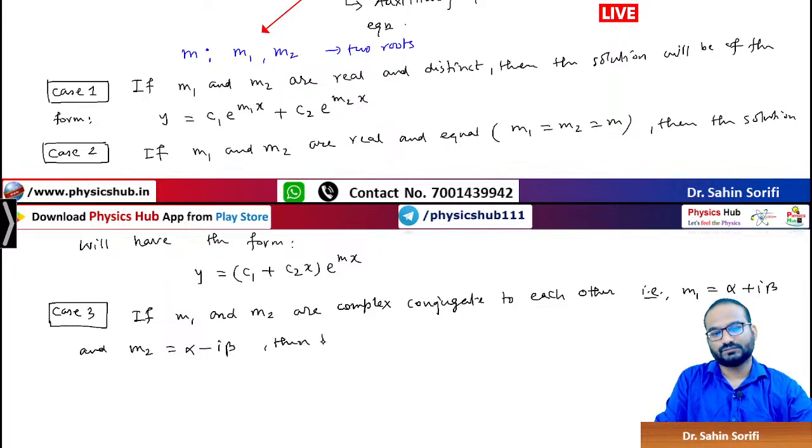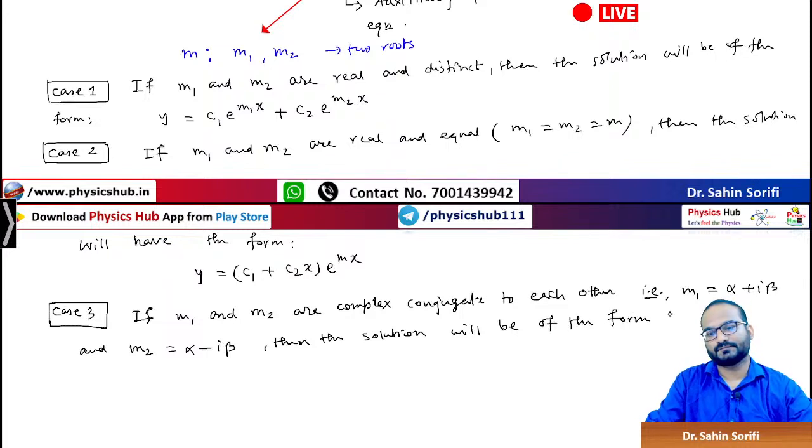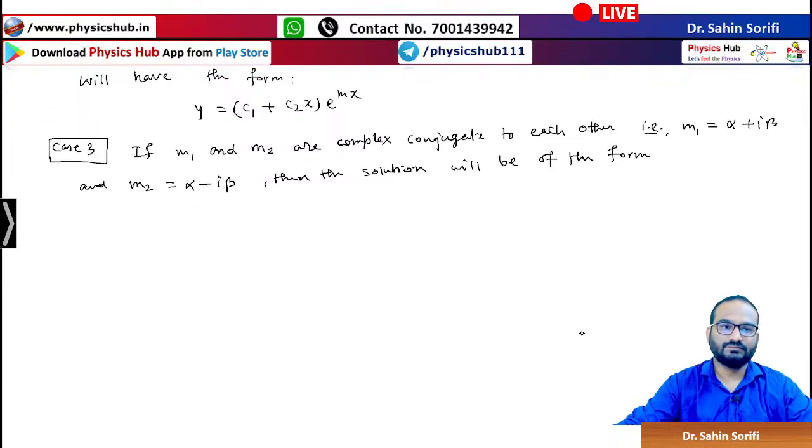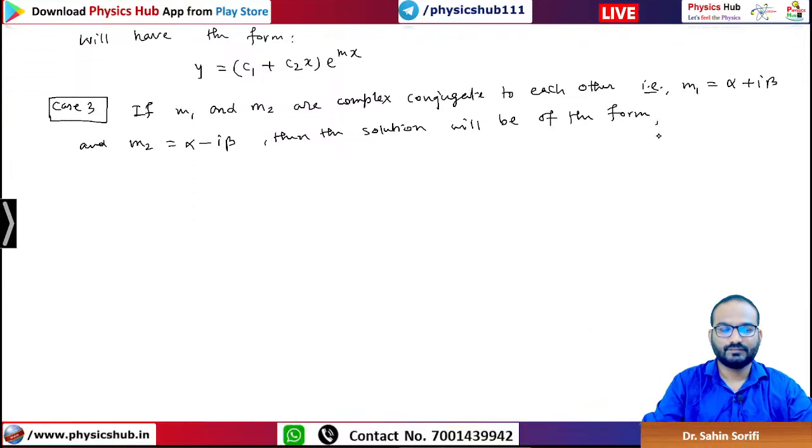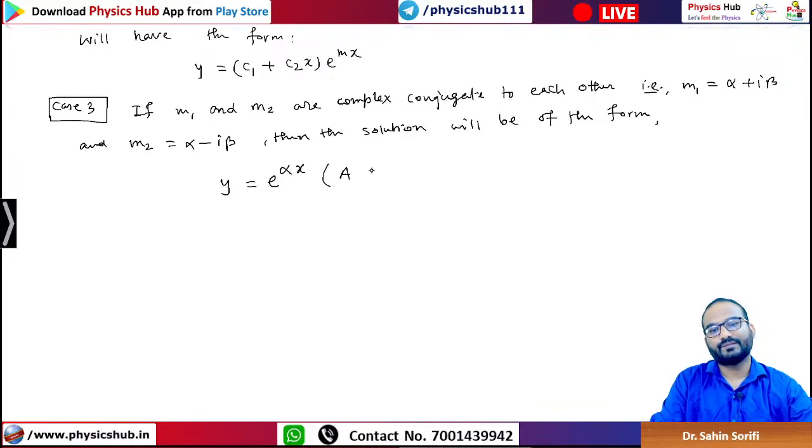Then the solution will be of the form y equals e to the power alpha x, this is the real part, multiplied by a cos beta x plus b sin beta x.